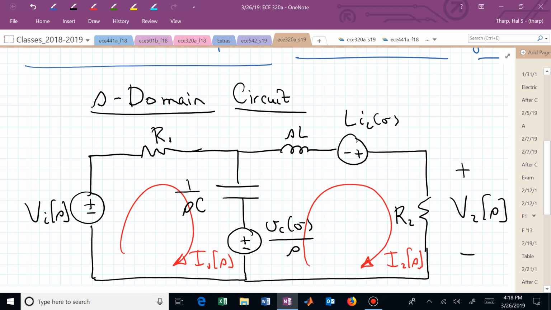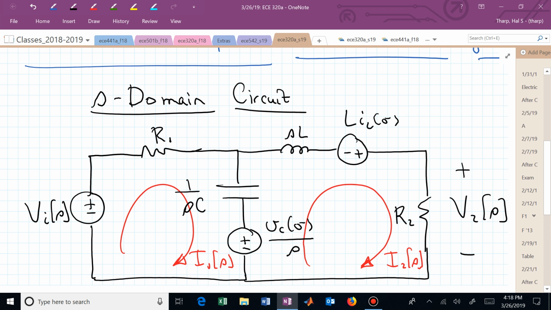What do we do with V sub C, the capacitor's voltage source? If we increased it, would it enhance I sub 2? Yes. What if we increased L I sub L of 0 minus? Would it increase I sub 2?